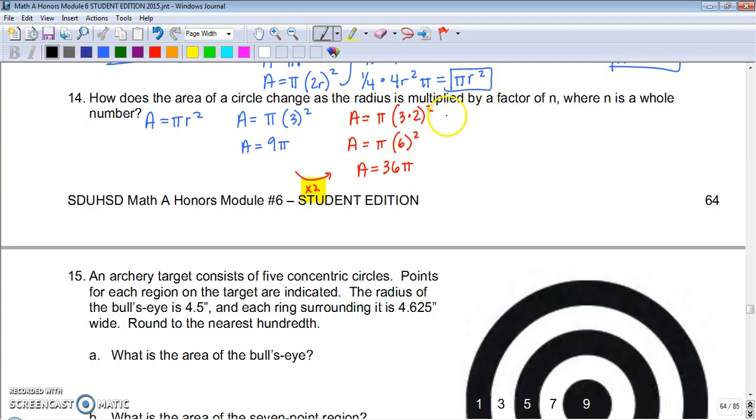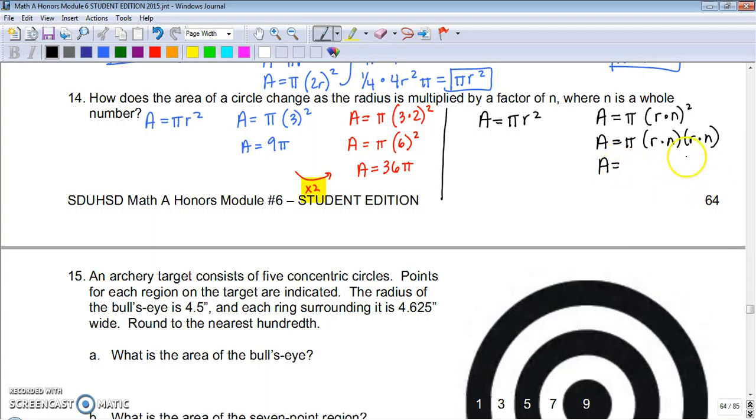So let's now look at this with n. If I start with an area of pi r squared, and then I consider a circle where the radius is multiplied by n, everything here is multiplication.